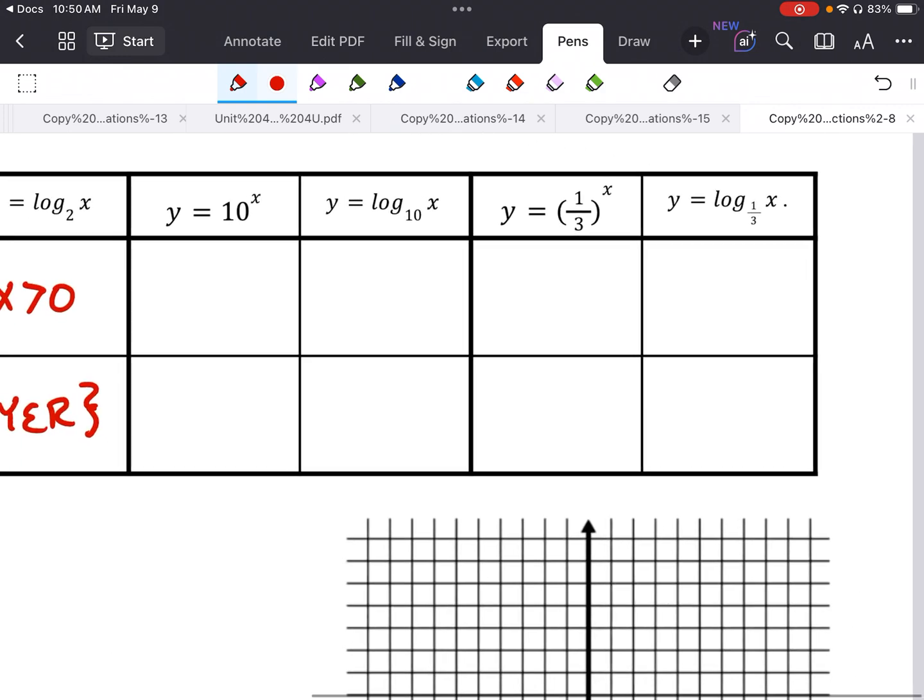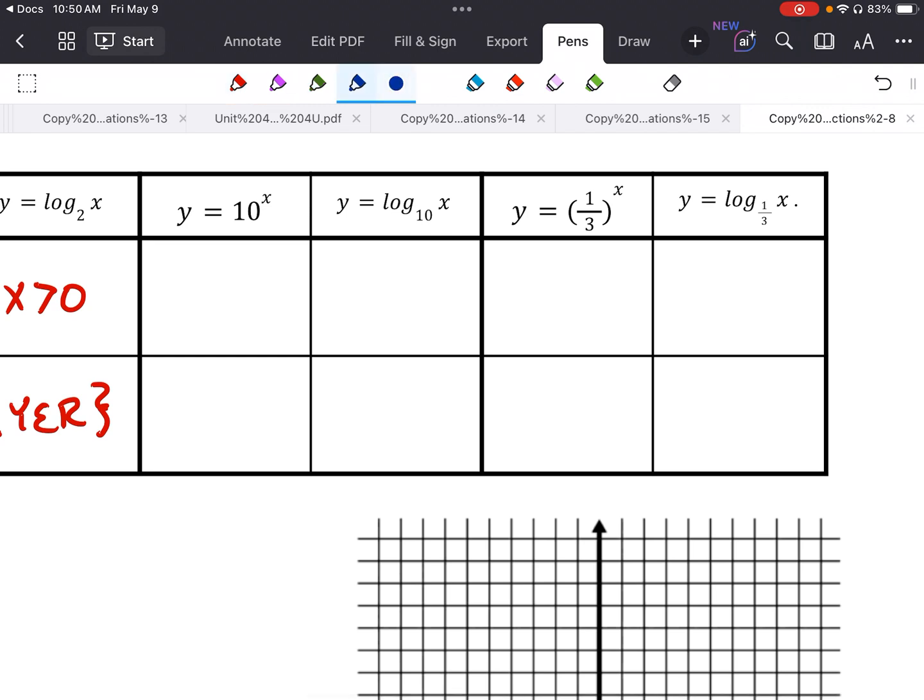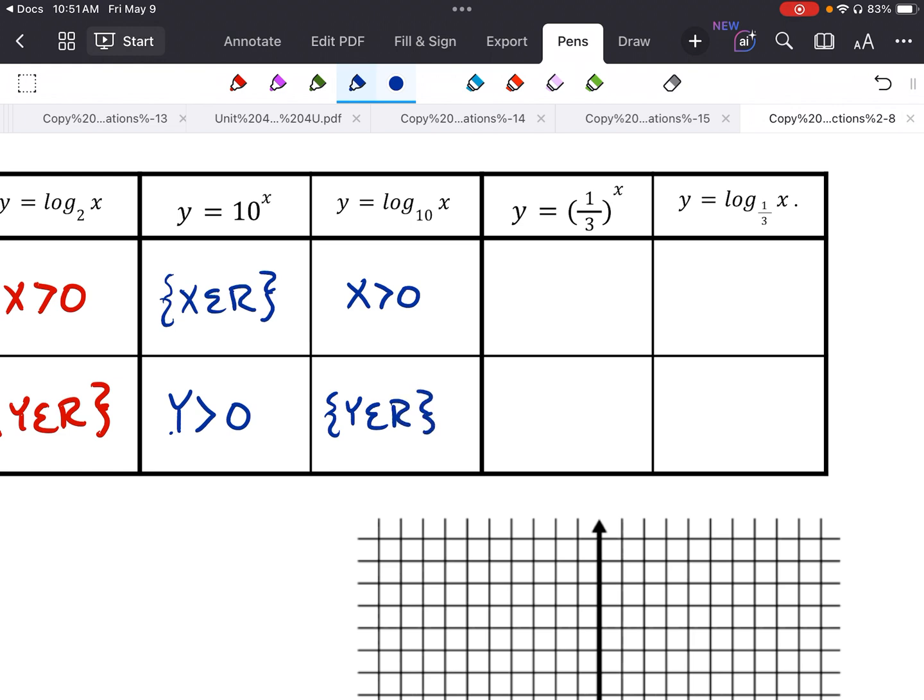Okay, so let's look at base 10. Doesn't matter that the base changes, the domain and range stay the same. y must be bigger than 0. And for the log base 10, x is bigger than 0, range is y ∈ ℝ.